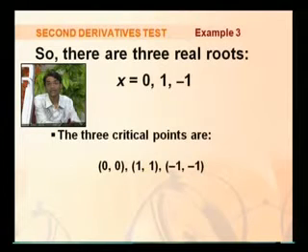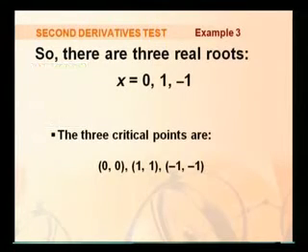So there are three critical points. If we take x is equal to 0, then y is equal to 0, because we have the condition that x cube is equal to y. So (0, 0), (1, 1) and (minus 1, minus 1) are the three critical points here for the given example. So we need to check the second derivative test for all these three critical points.